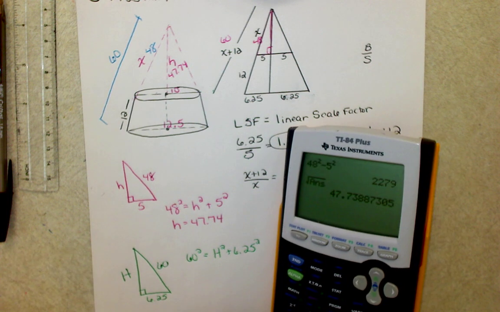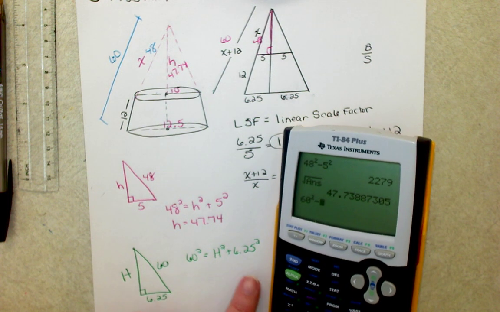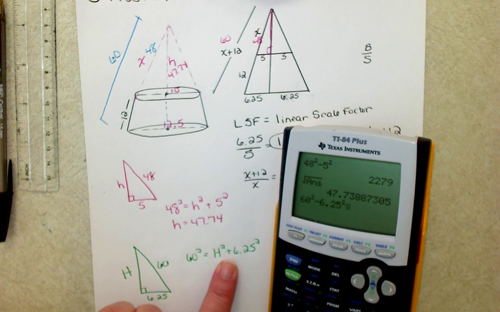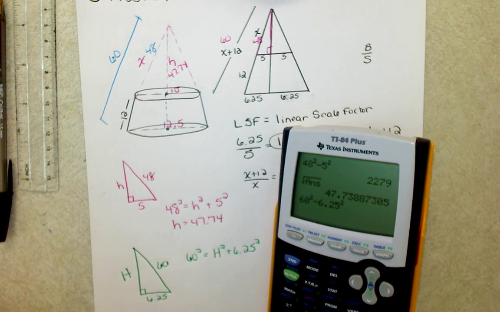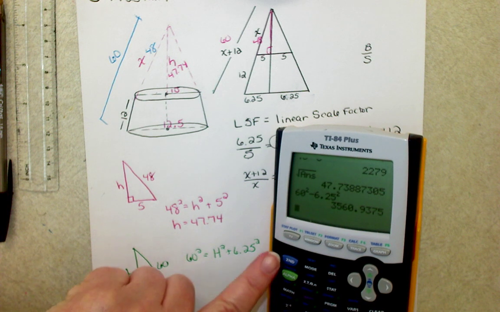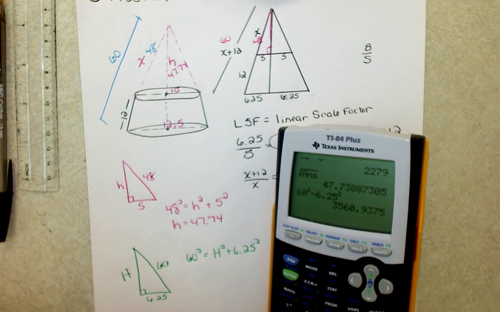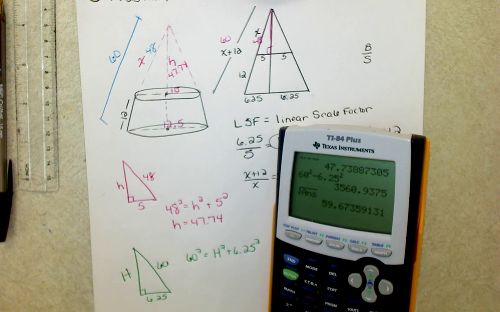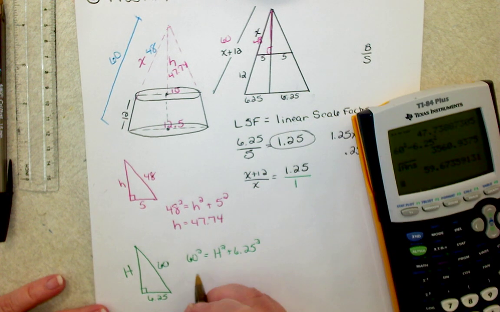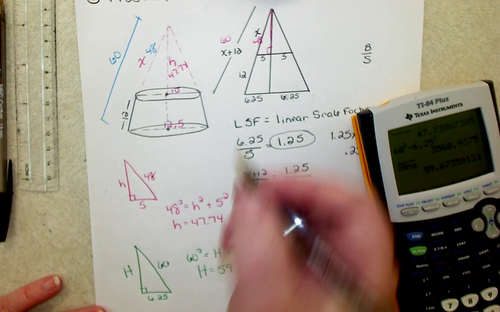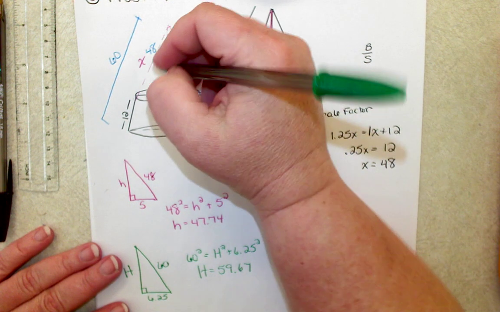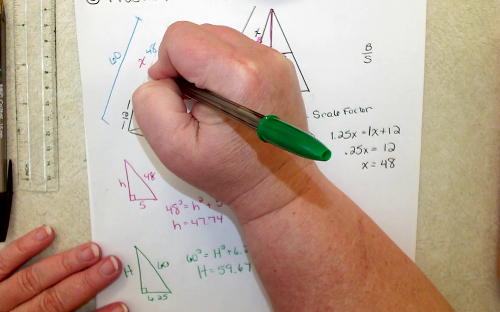So again, 60 squared minus 6.25 squared, because the opposite of adding 6.25 squared is subtracting it. And then I'm going to take the square root. And that gives me 59.67. So here h is 59.67.